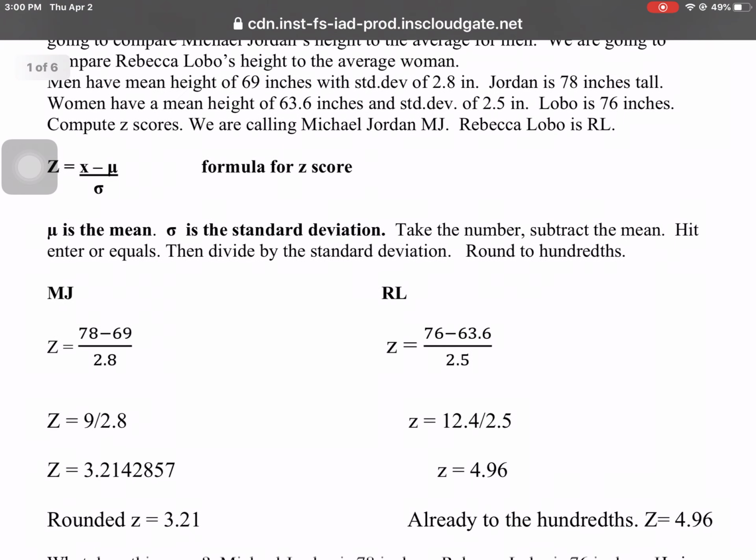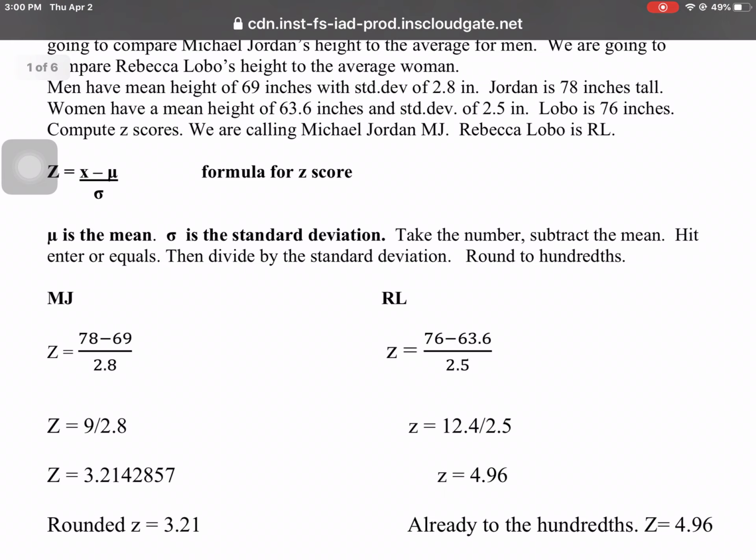Let's find the z-score for both of these people. MJ, Michael Jordan, was 78 inches tall. Subtract the mean for men, which was 69. Divide by the standard deviation for men, which is 2.8. We're still on MJ. 78 minus 69 equals 9.